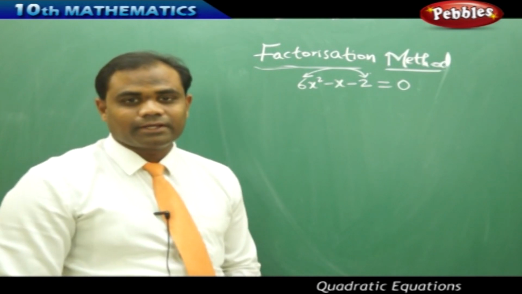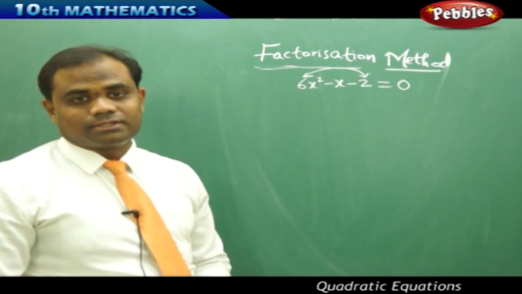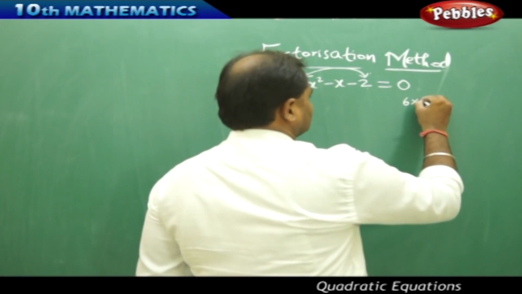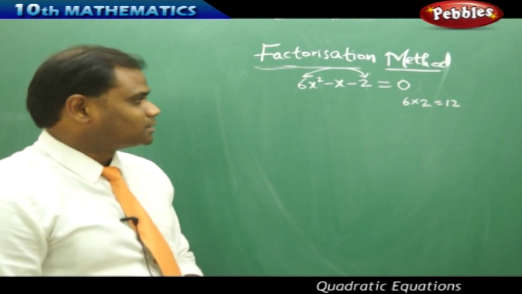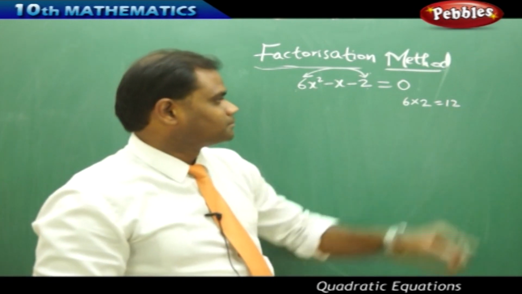Always, in any quadratic equation, we multiply the coefficient of x squared with the constant term. So I get 12. Of course, I don't take the sign into consideration, but apart from sign, I just find the factors of 12.